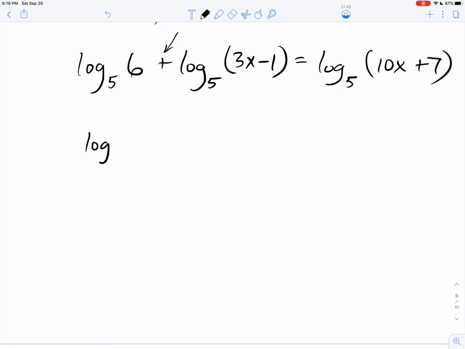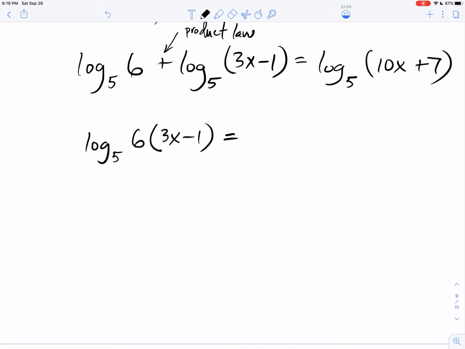This will be log base 5 of 6 times 3x minus 1. I am using the product law. If it was a minus, I would be using the quotient law. But I'm not. So here we go. Log base 5 of 6 times 3x minus 1.